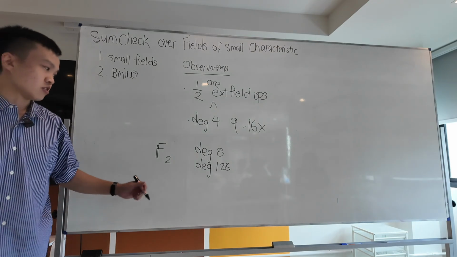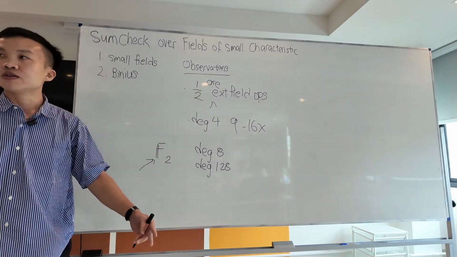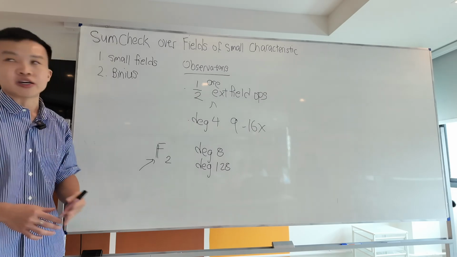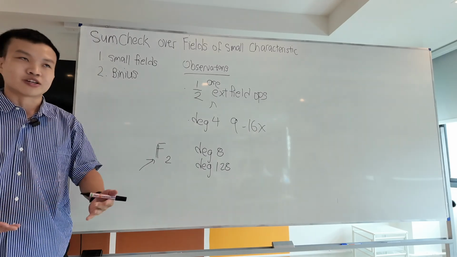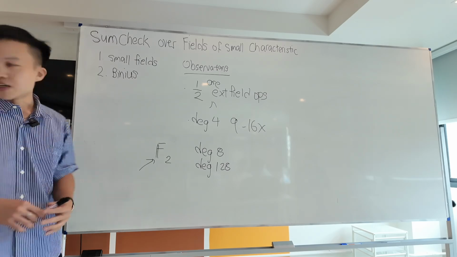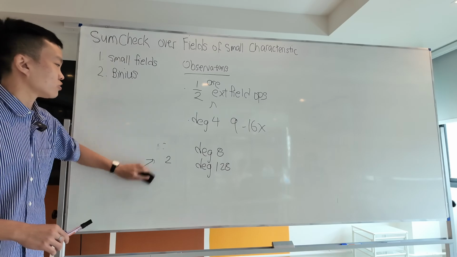In some cases, when you work over these fields, you get operations for free, because 0 multiplied by the extension field gives you 0, and 1 multiplied by an element gives you the extension field element itself. So those are just some basic observations, and I'll go into the actual algorithms now.